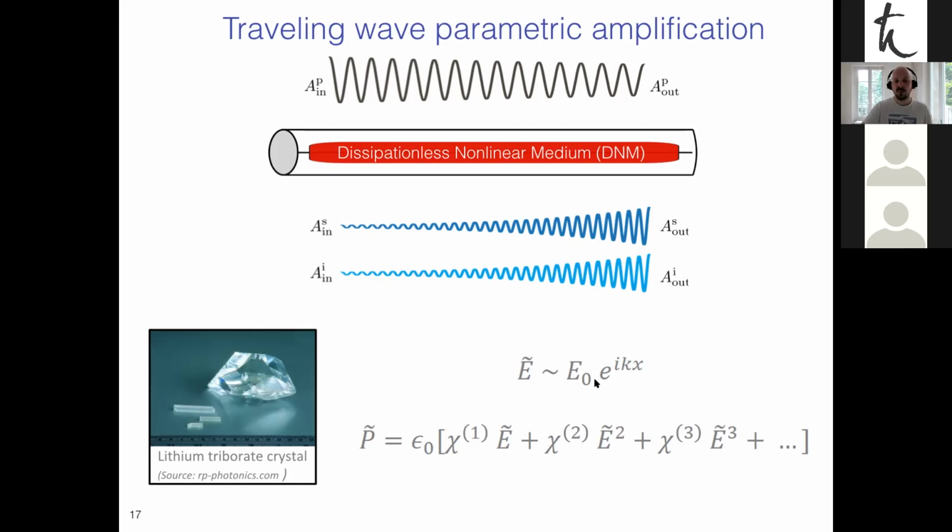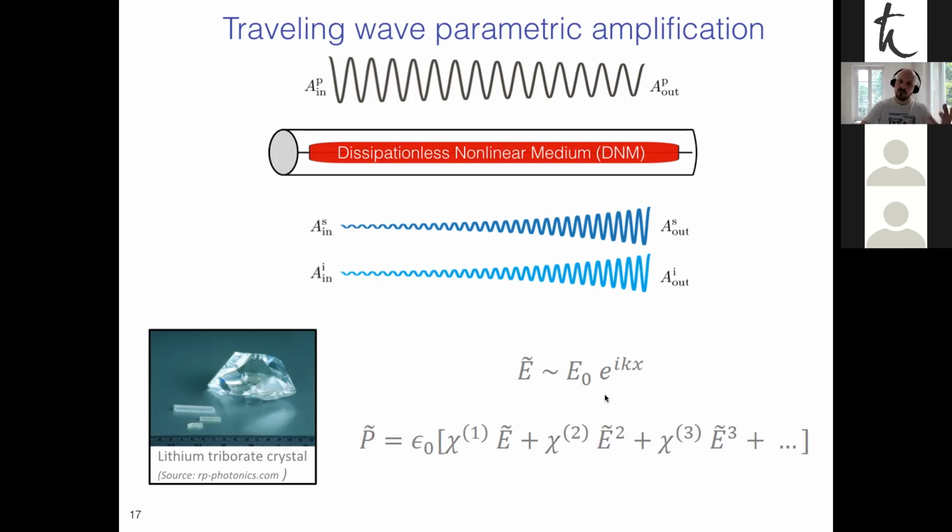So the electric field is a propagating field. If you write a polarization versus propagating electric field, you see that you have the first linear answer. So polarization is just proportional to electric field, but you have also nonlinear polarization, chi2, so second order polarization, or third order, chi3, which is the third order response function. So this chi2 and chi3 are basically the nonlinear response functions. And basically, this is how we describe amplification in this case.